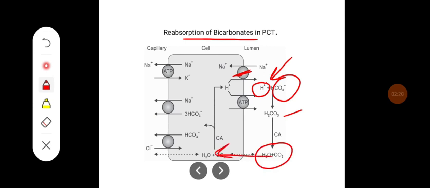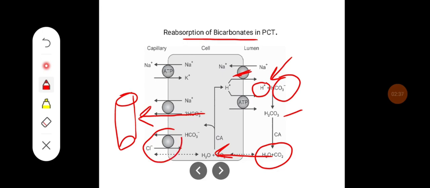When it is reabsorbed, in the cell it again forms H plus ions and bicarbonate ions, and bicarbonate is transported to the capillaries, and that too occurs with an antiporter with chloride ions.